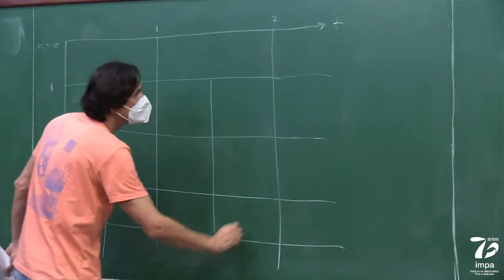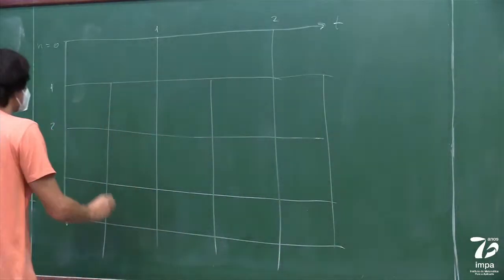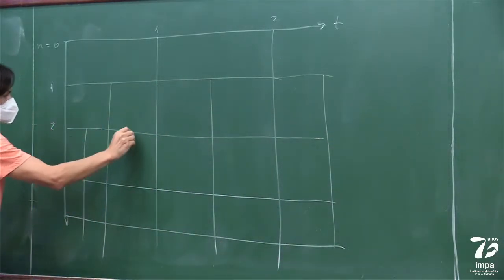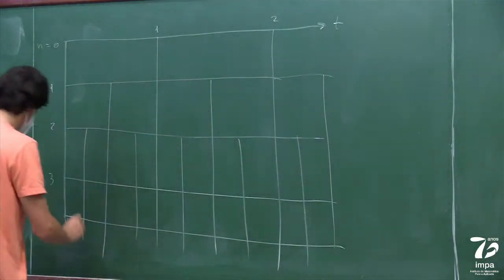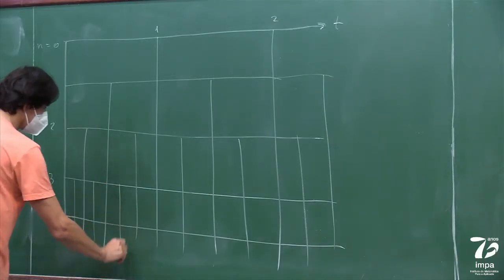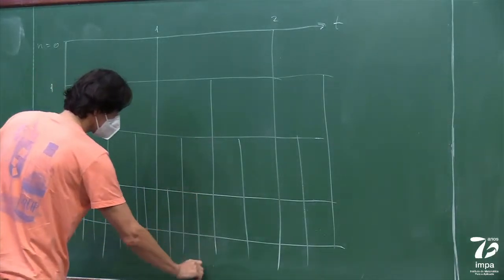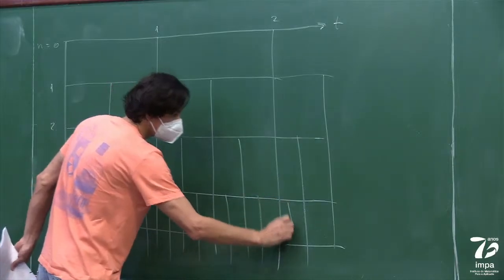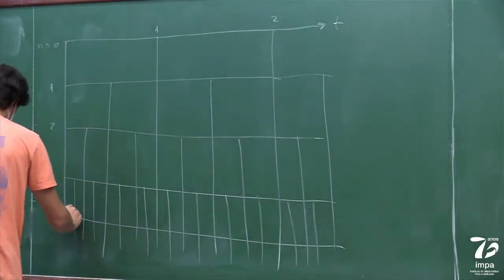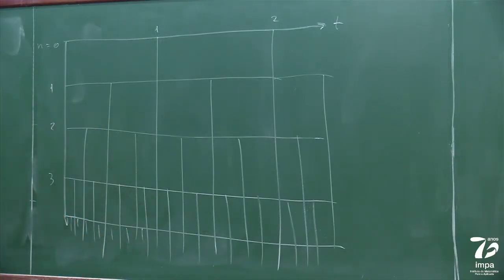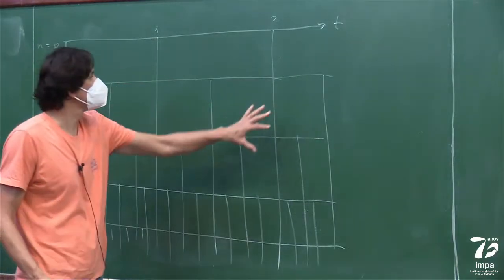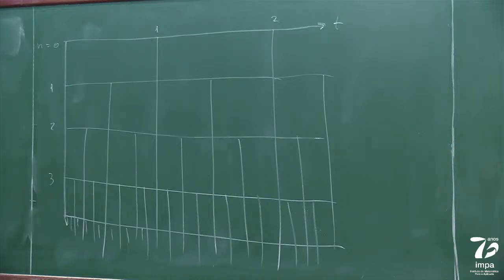So we divide every time this piece by 2, then the next by 2, and so on. So this is our space-time. Okay, and in each node we have the variable u_n.